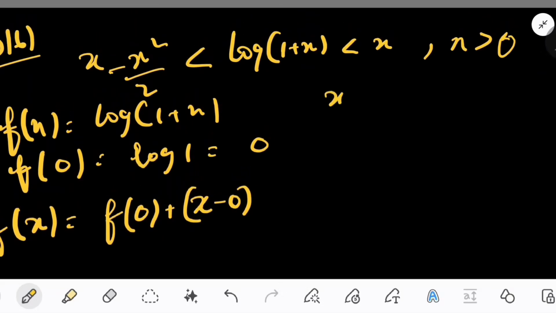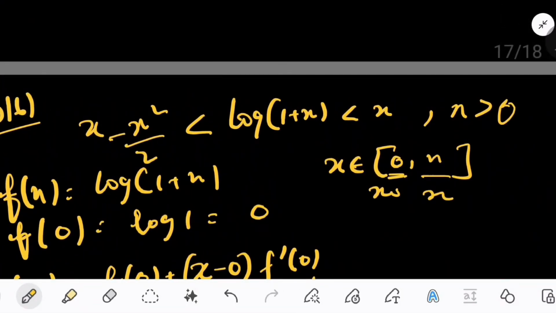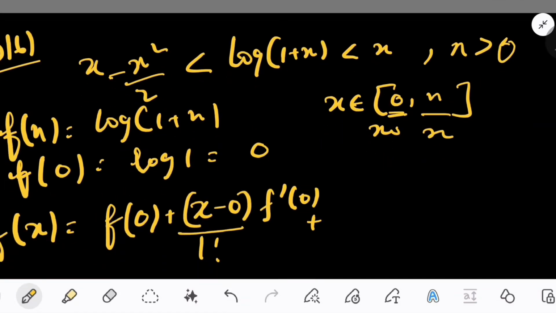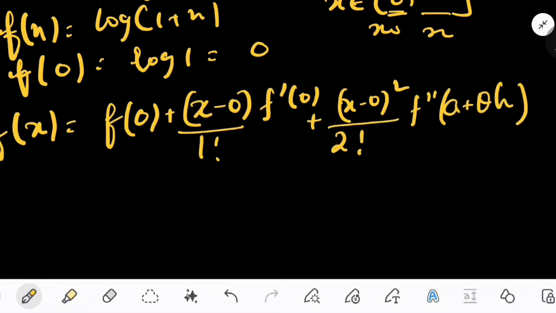See, this is the x naught and this is the x, right? So this quantity is f dash at 0 by 1 factorial plus, and notice that since it is going till x square, I don't think we need to work much. So let's see, (x minus x naught) whole square by 2 factorial into f double dash of a plus theta h, you can apply, right? It is simply the remainder, right?